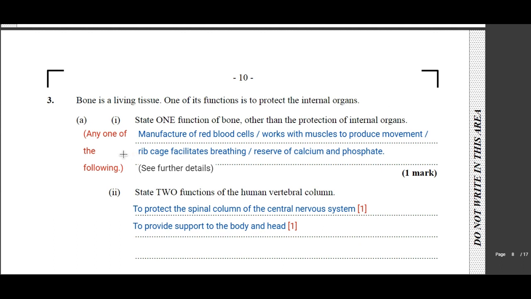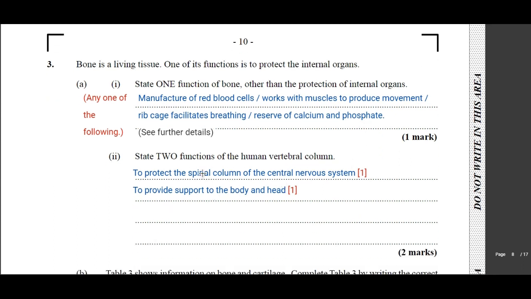Yeah? And these are options you have. One, manufacture of red blood cells, works with muscles to produce movement, rib cage facilitates breathing, reserve of calcium and phosphate. And there are more, which again is listed in my book, right?